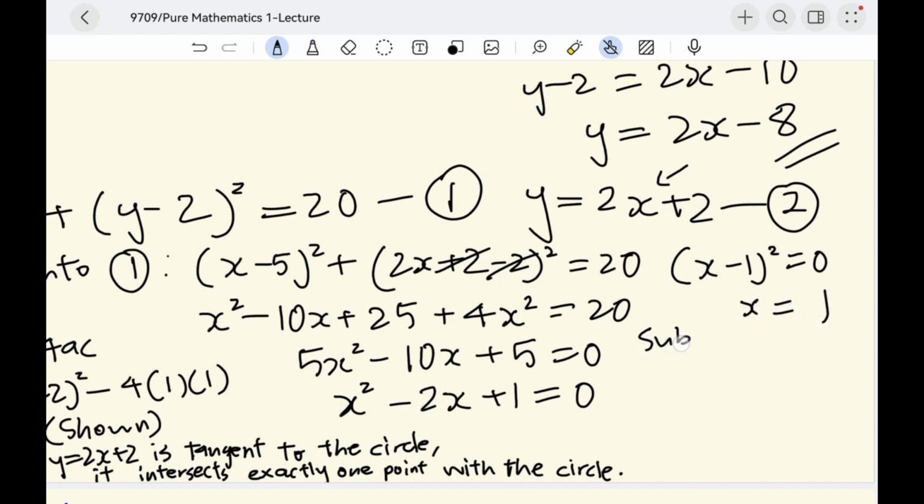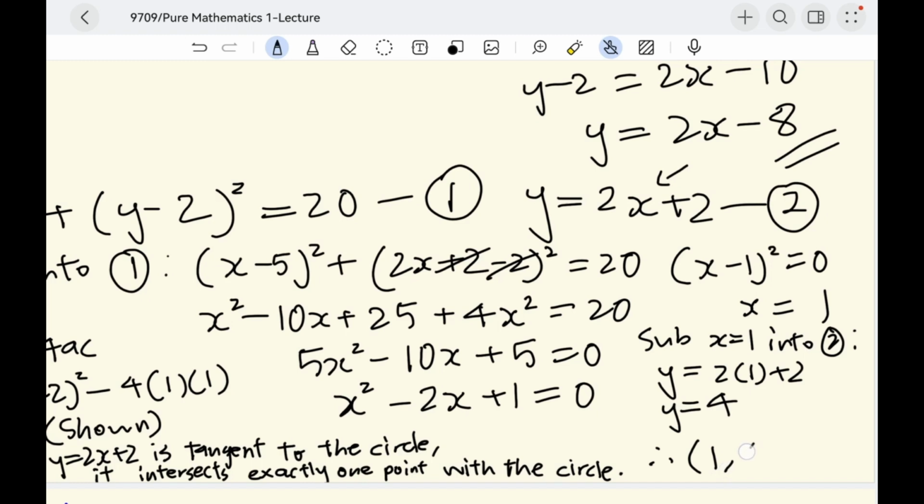Substitute x equals 1 into equation 2, because I want to save time. You have to save your time by using this strategy. So y is 4. That means eventually the point of contact is (1, 4). That's all for this question.